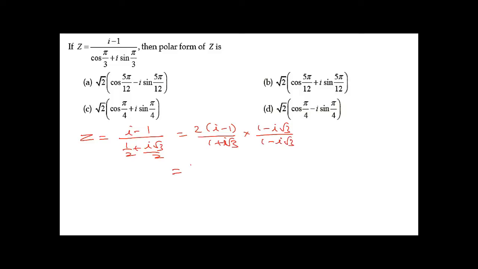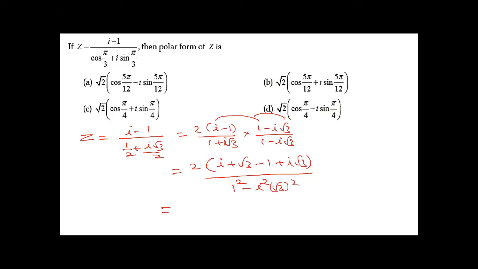The numerator: multiply with this one, i times minus i square is plus, root 3 minus 1 plus i root 3, whole divided by the denominator a square minus b square, 1 square minus (i root 3) whole square.